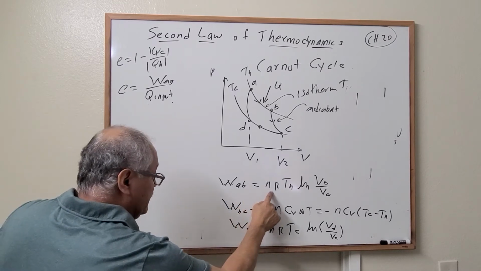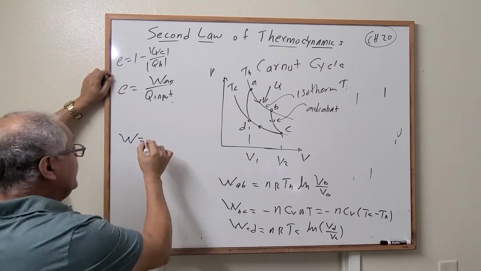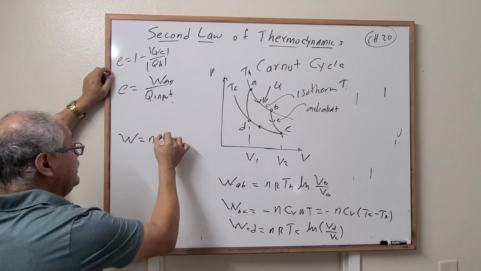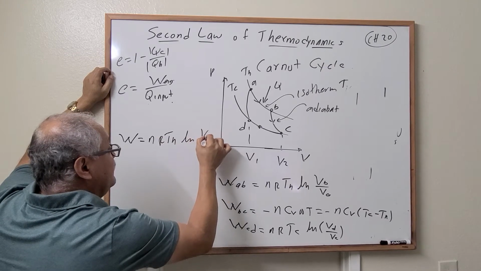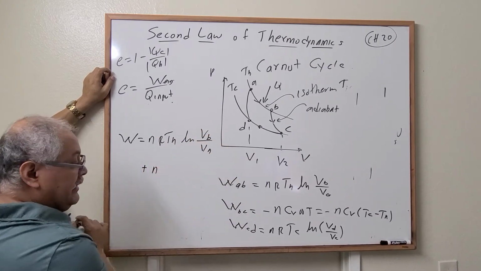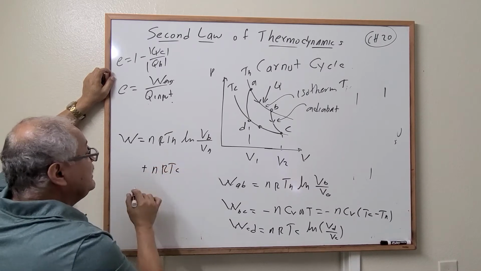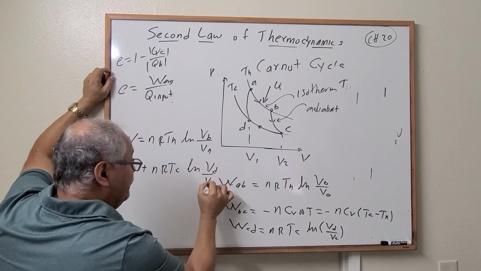So the net work is equal to this plus this. The work done is equal to nRTh ln of VB over VA, plus nRTc ln of VD over VC.